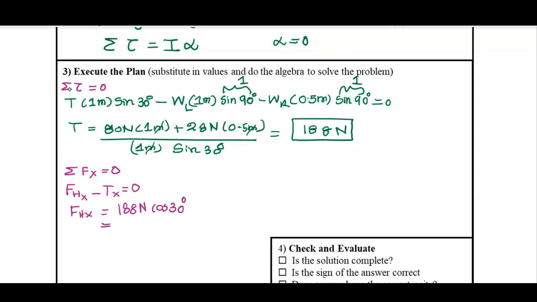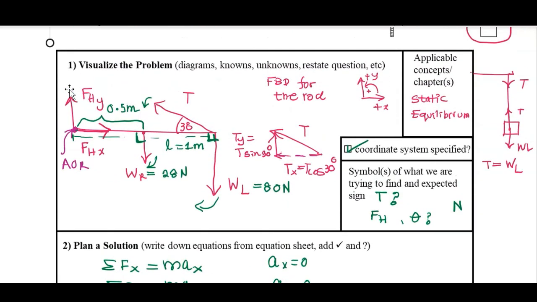Otherwise, there is going to be a net force in the system, because we only have this negative x component of the tension force and the hinge force acting on the system. So it is equal to the x component of the hinge force, 162.8 newtons.